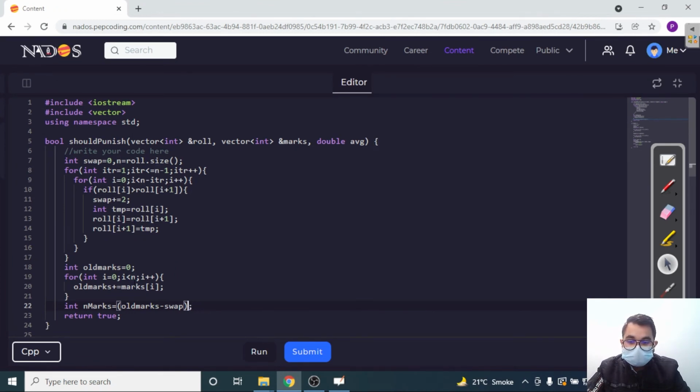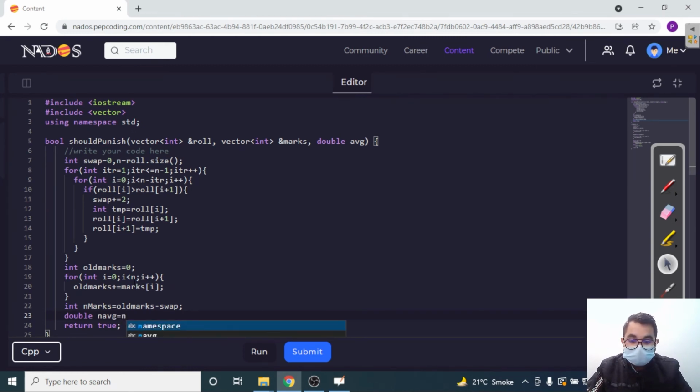Oh no, this was the formula. Old marks minus swap. Okay, now we have the sum of new marks, and we were calculating the average by doing that. New average equals, now we need to divide by the number of students.